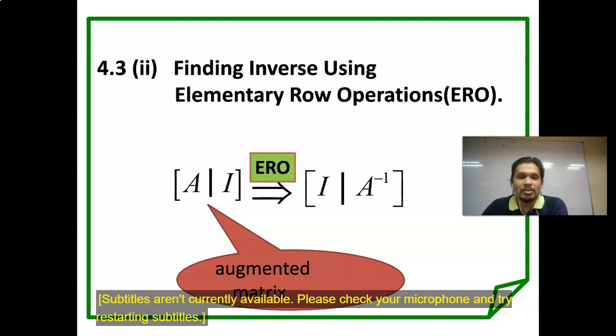As you see here now, at the beginning we are given a matrix A, and we combine it with an identity matrix next to each other.